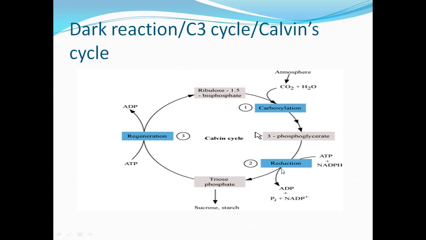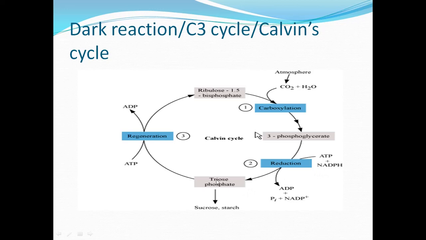In the next step, that is reduction, 3-phosphoglycerate is converted to a triose phosphate. This reaction requires one molecule of ATP and one molecule of NADPH.